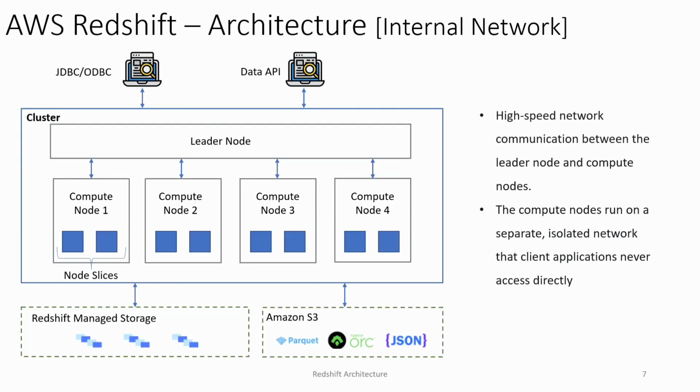Okay, when data is transferred between the leader node and computing node in a high speed network environment, it is very fast. Here the computing nodes are also on a separate isolated network. It can never be accessed directly by the clients.